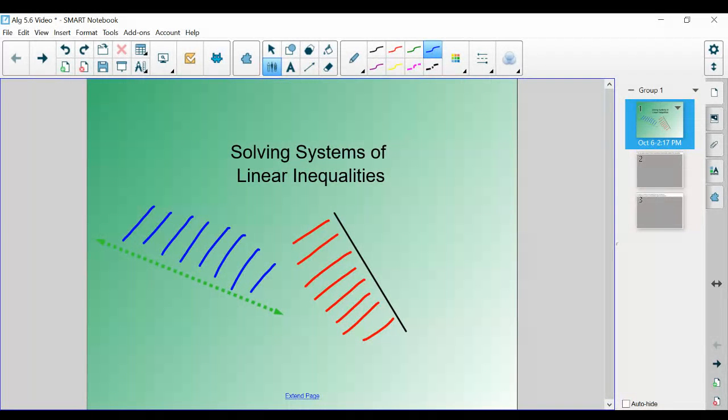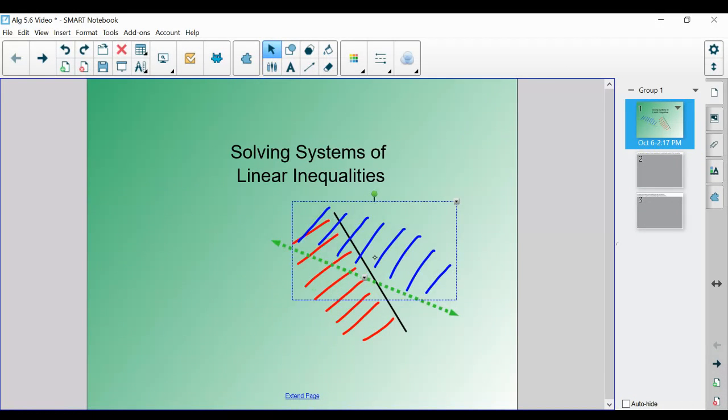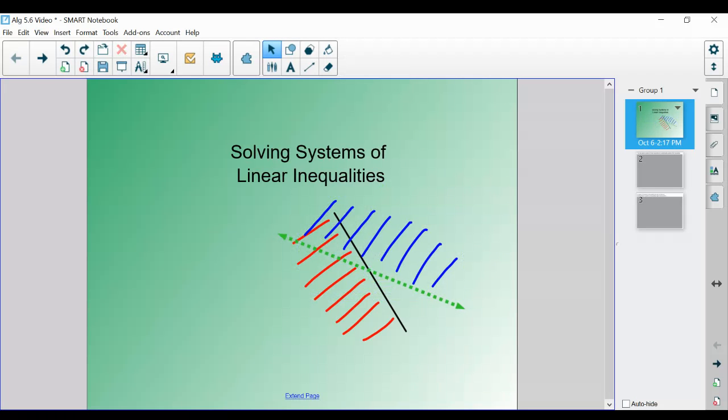And those are two separate linear inequalities. When we're talking about a system, we're going to be bringing them together. So really, all we're doing is we're just going to be dragging it together and seeing, hey, where is there an overlap in our shading? Because when we shade with linear inequalities, as we saw last class, we're talking about all possible solutions. They're either under or above the line.